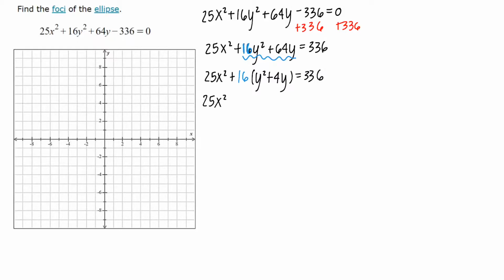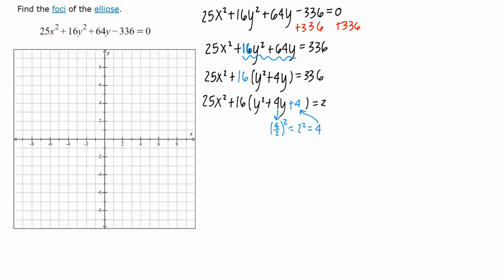So 25x squared plus 16 times y squared plus 4y. We're now taking this number, 4 divided by 2, so we divide it in half and we square it, which ends up being 4. And we add it in here, right? We have to add it here.